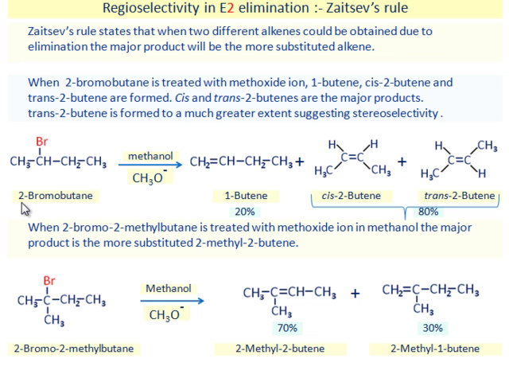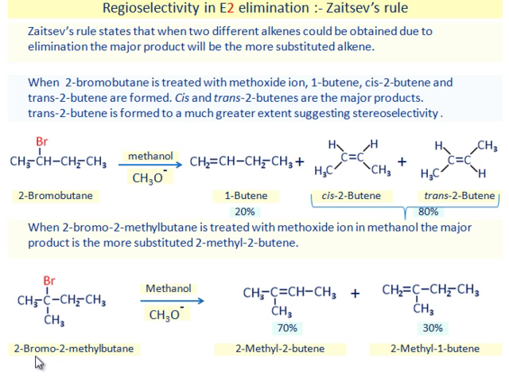When 2-bromobutane is treated with methoxide ion, 1-butene, cis-2-butene and trans-2-butene are formed. Cis and trans-2-butenes are the major products. Trans-2-butene is formed to a much greater extent, suggesting stereoselectivity.